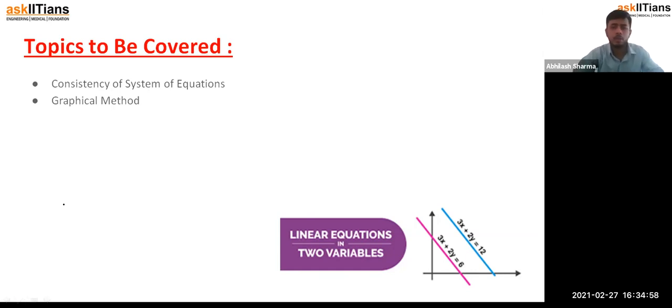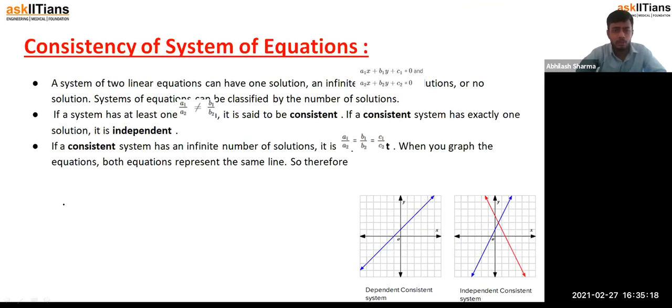Consistency we have already seen from the perspective of the cross multiplication method, but we'll understand it in greater detail along with graphical inference, what we can conclude from the graph as well. So let's see what we mean by consistency.